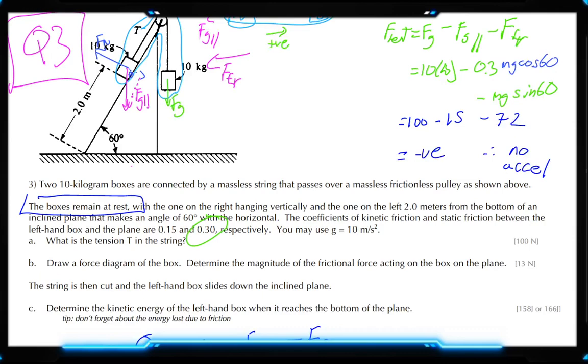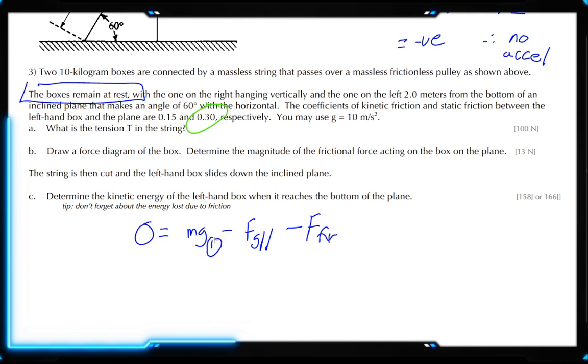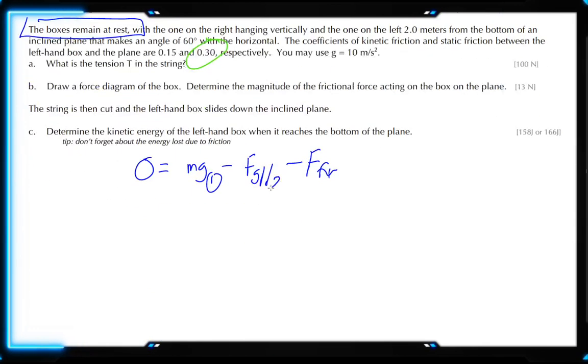So the forces on my system: gravity this way, gravity 1, gravity parallel, 2, friction. So I can now plug in my numbers, same as before actually.